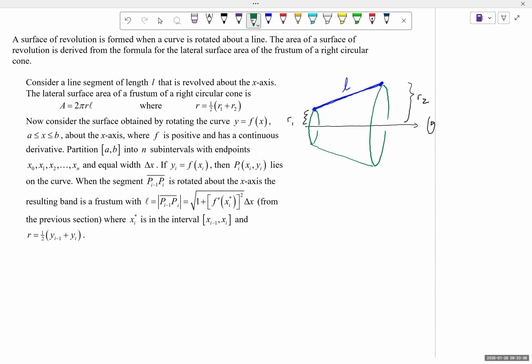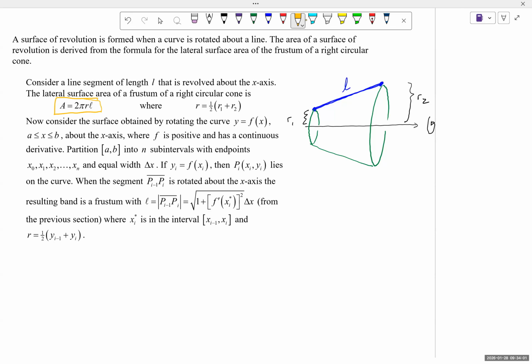Now, I'm not going to talk too much about where the derivation of this comes from, but I'll say a couple things. This right here is the area of a frustum. L is that blue length. 2 pi r sure feels like a circumference, correct?